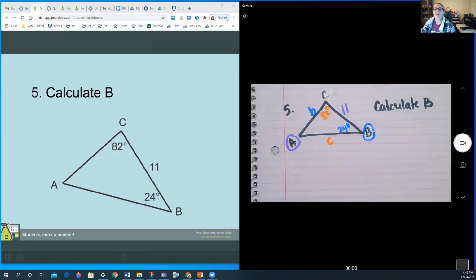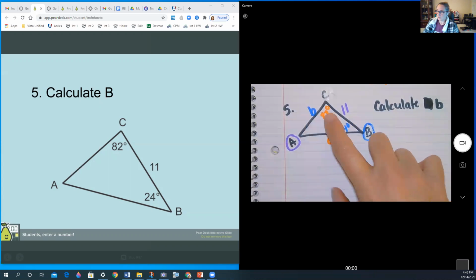And for this one, they had here capital B, but I think they want the little b here because we already know capital B. So I'm going to change this to little b. Okay, we're going to find little b. So again, I don't know this. Okay, missing one pair here, missing a pair here, missing a pair here.